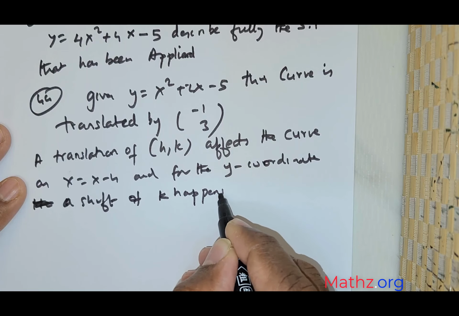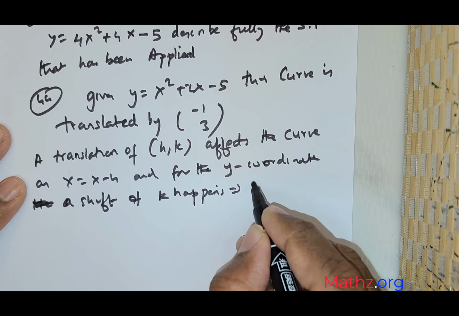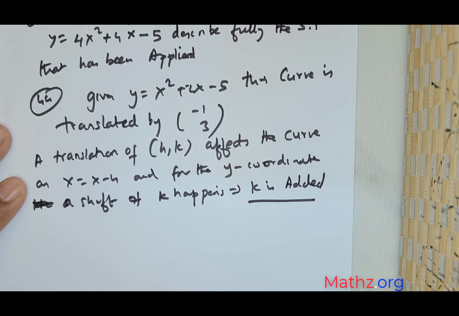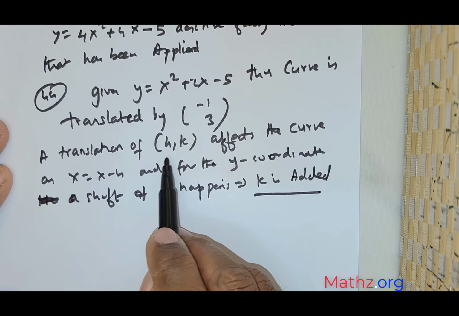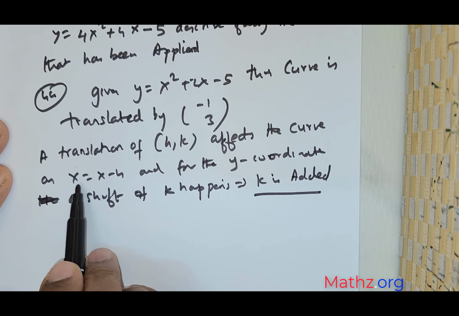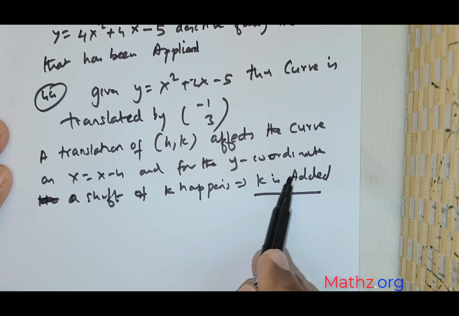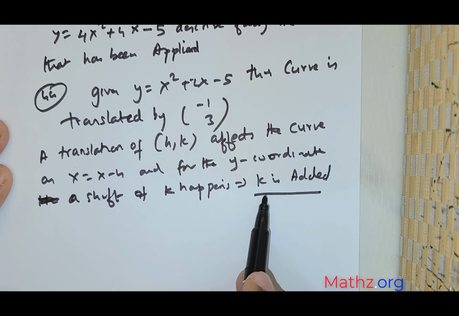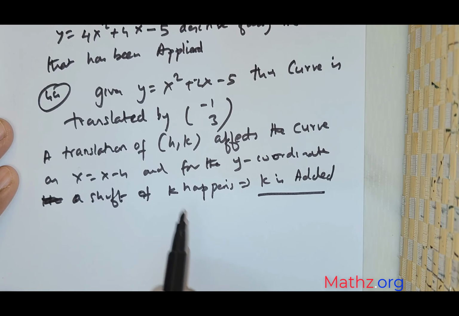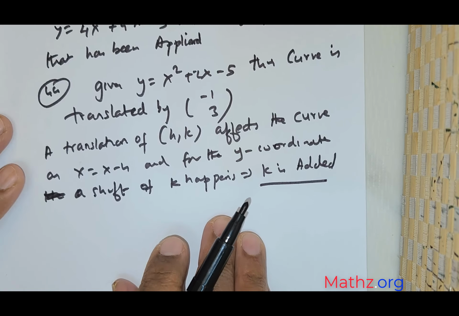So what is the meaning of this? This means k is added. So a translation of (h, k) affects the curve in the following fashion. x becomes x minus h, and for the y coordinate a shift of k happens. That means k is being added to the final expression that is obtained.